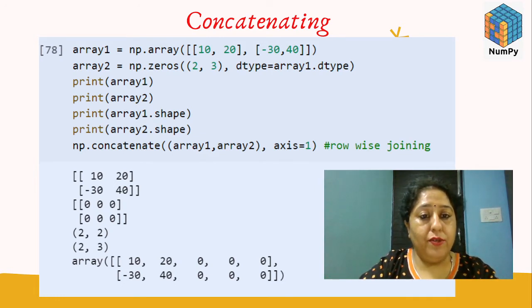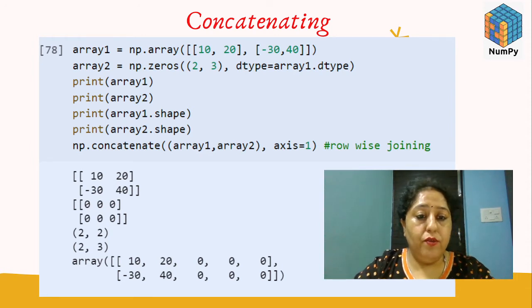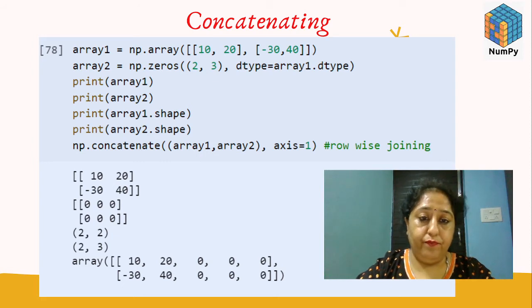Once you display these two arrays, you will see that array 2 has 3 columns and 2 rows with each element having the value 0 instead of 0.0. Now once you check the shape, array 1 has the shape 2, 2 and array 2 has the shape 2, 3.